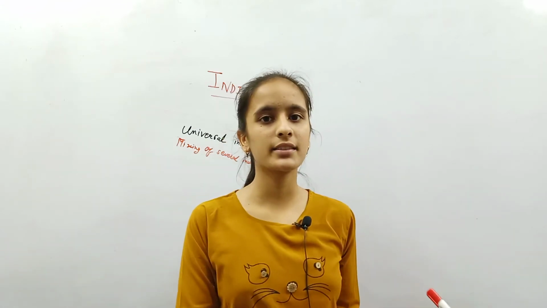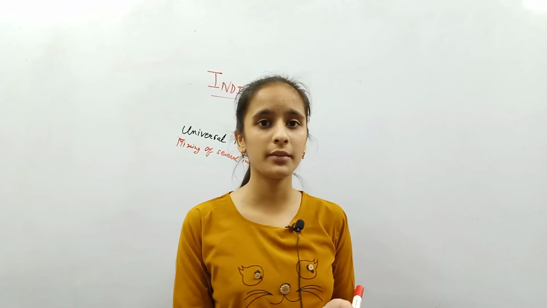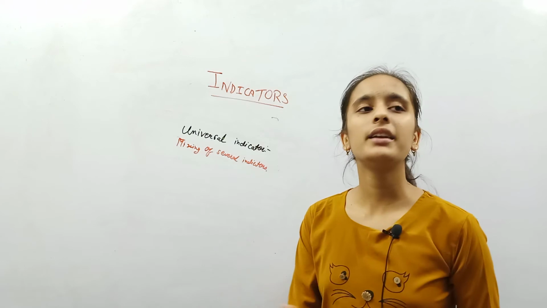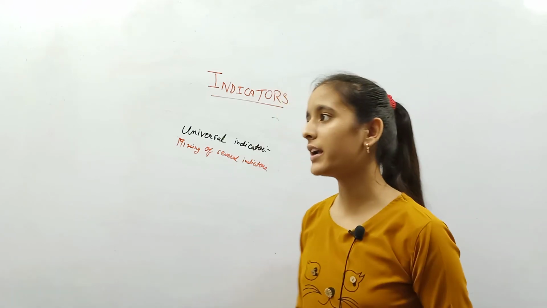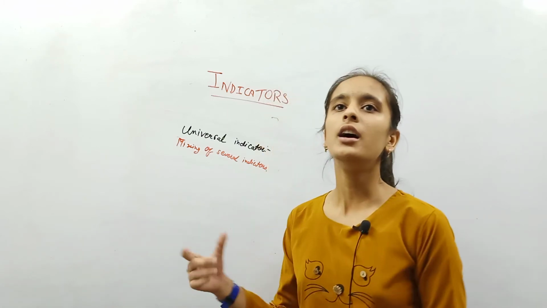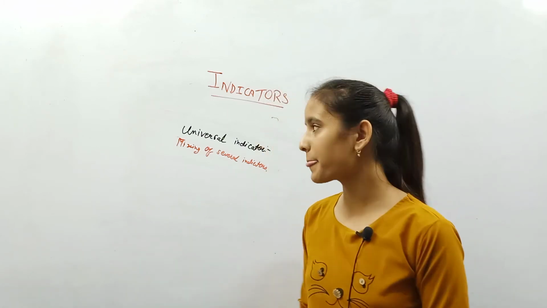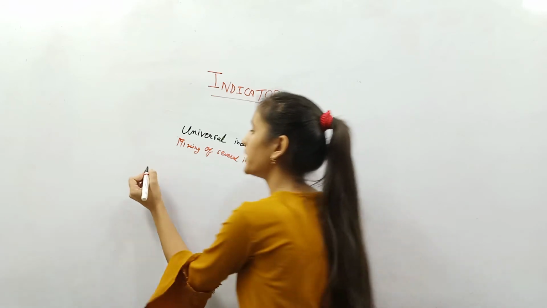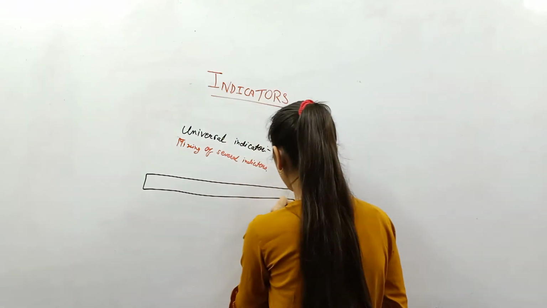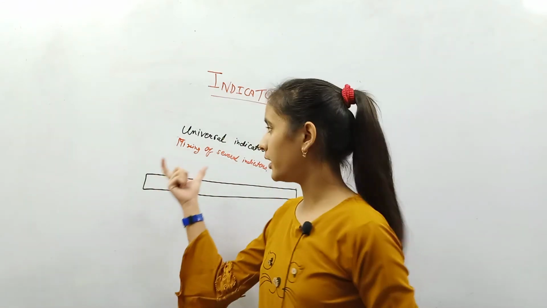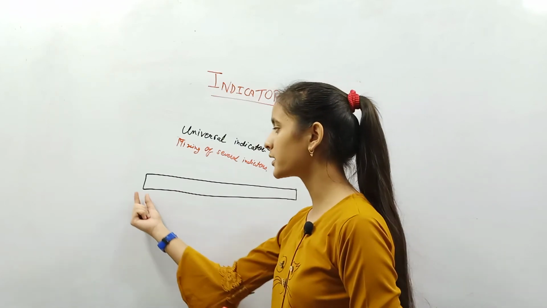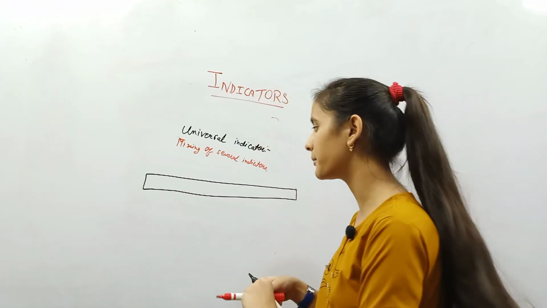The other common indicators like litmus, phenolphthalein and methyl orange tell us only whether the substance is acid or basic. But the universal indicator tells us whether the substance we are testing is a strong acid, weak acid, strong base or weak base. Different colors of the universal indicator tell us this.